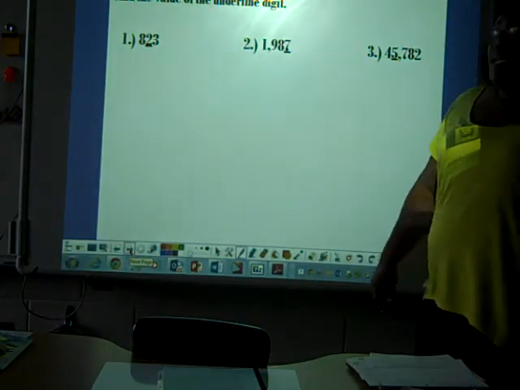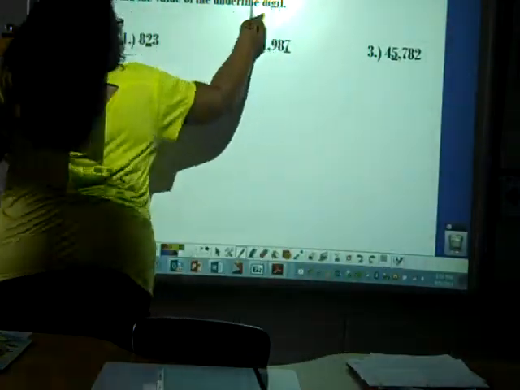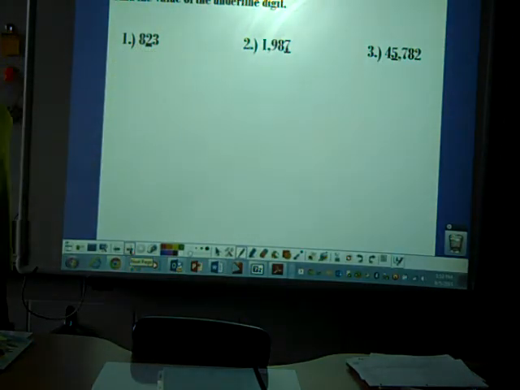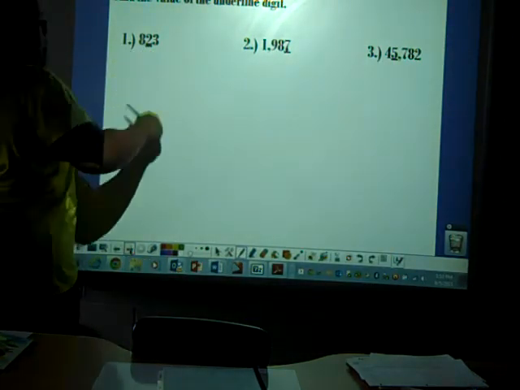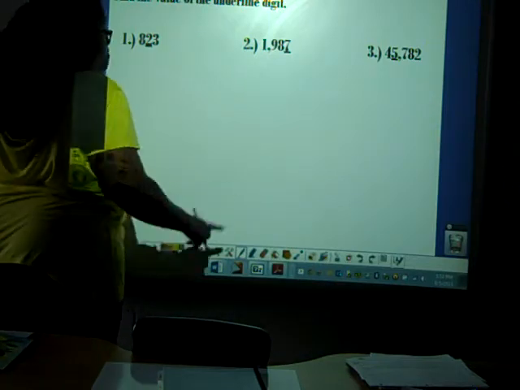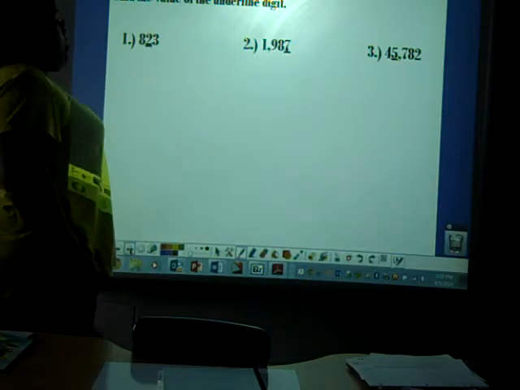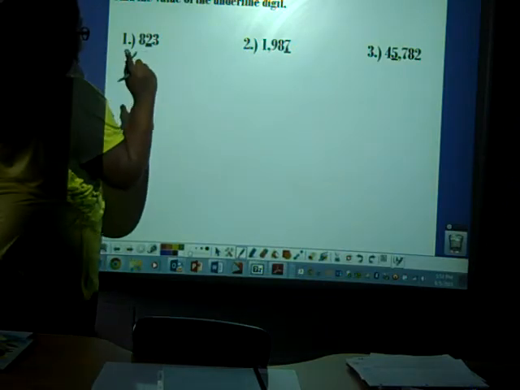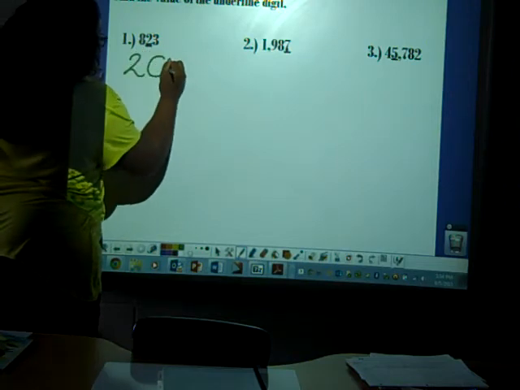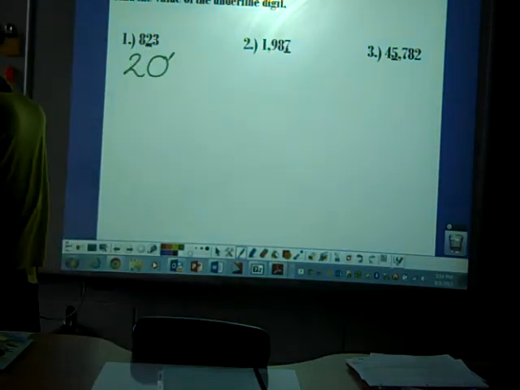So now we're going to work this out. Find the value of the underlined digit. We have 823. What is the value of this 2? Anybody knows? All right, tell me. You should have 20.